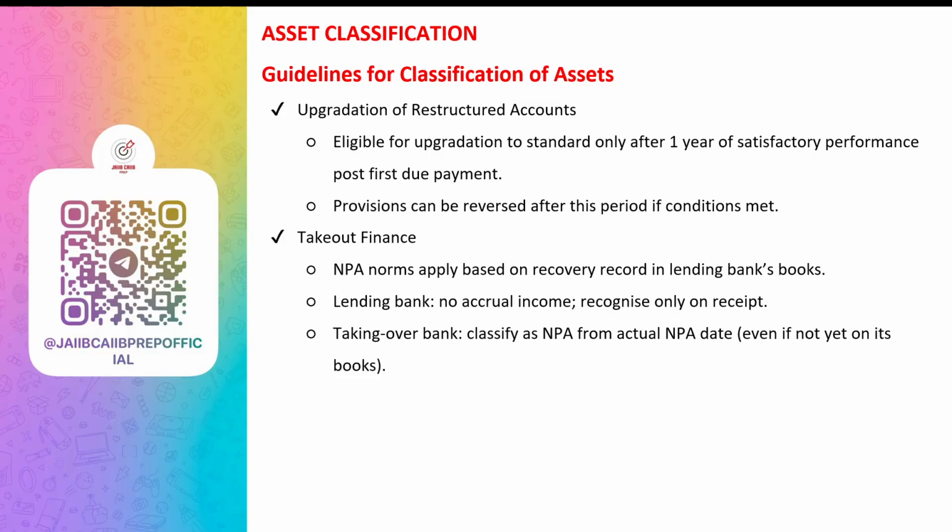It can be upgraded to standard only after 1 year from the date when the first payment becomes due under the new schedule, provided the borrower makes timely payment during the year. If performance is not satisfactory, then the account classification is done as per earlier norms, and provisions made earlier can be reversed if repayment is satisfactory after 1 year.